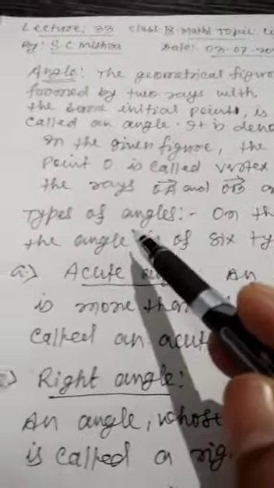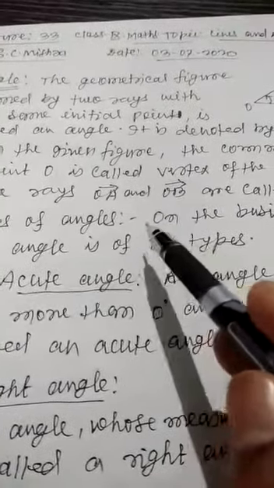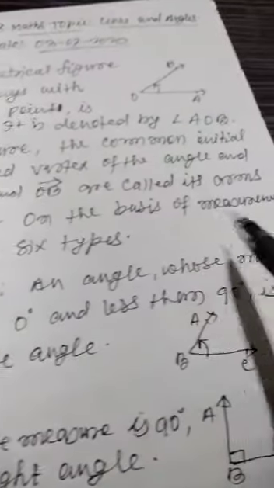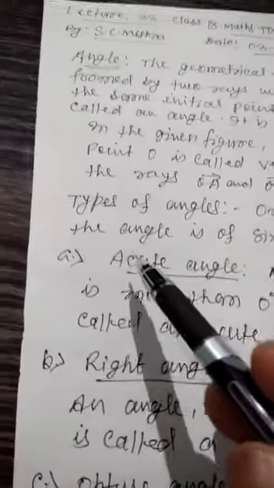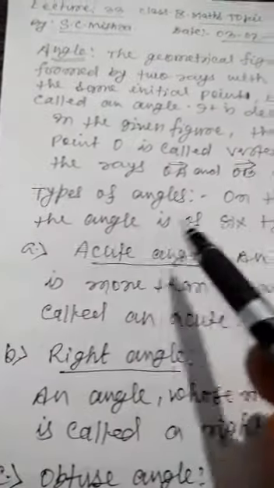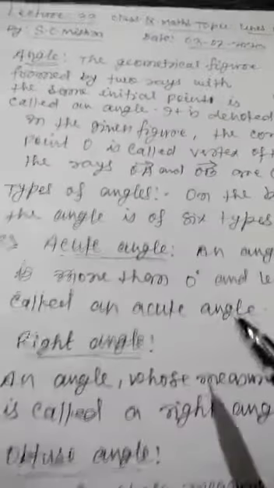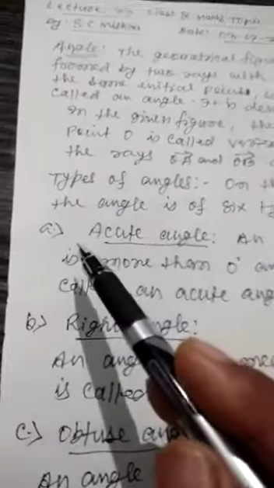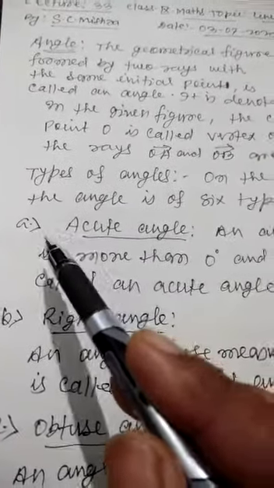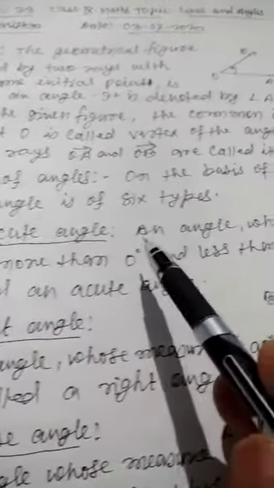Now, types of angles. On the basis of measurement, the angle is of 6 types. Here I am going to explain. First, that is point A, acute angle.